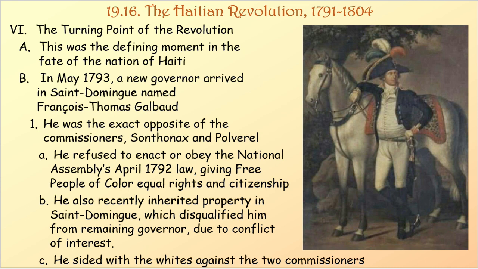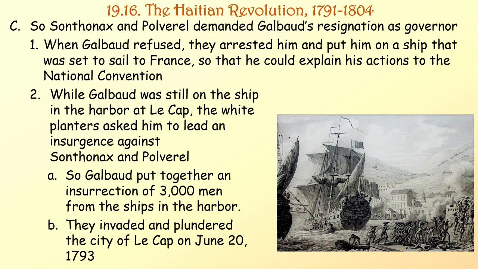He refused to enact or obey the National Assembly's April 1792 law giving free people of color equal rights and citizenship. He also recently inherited property in Saint-Domingue, which disqualified him from remaining governor due to a conflict of interest. And he sided with the whites against these two commissioners. So Sonthonax and Polverel demanded Galbaud's resignation as governor.